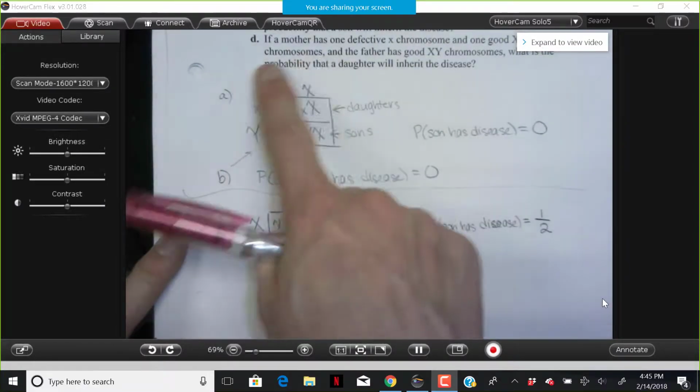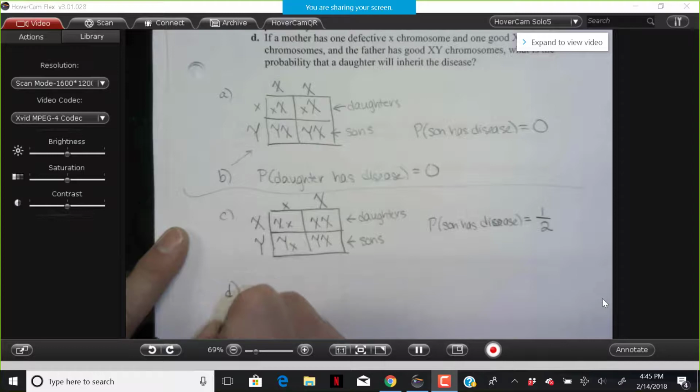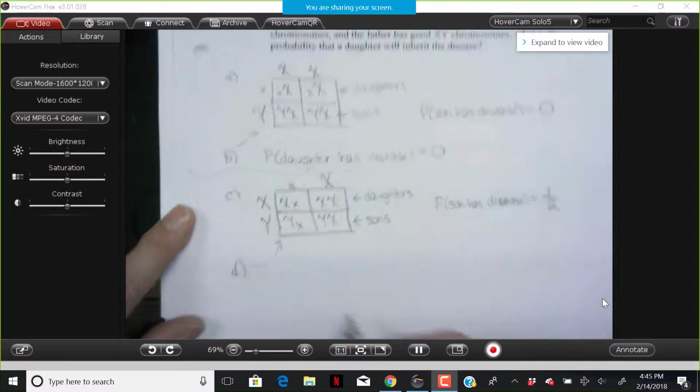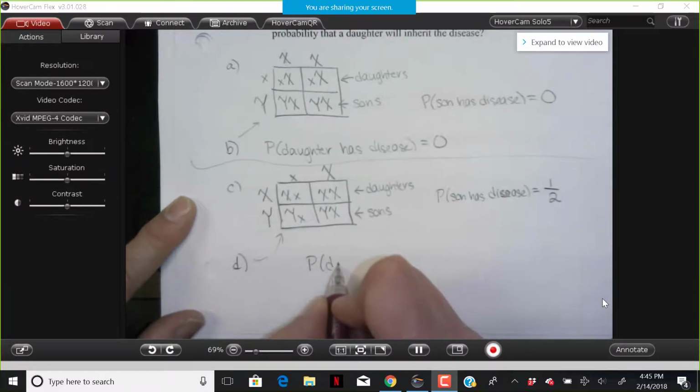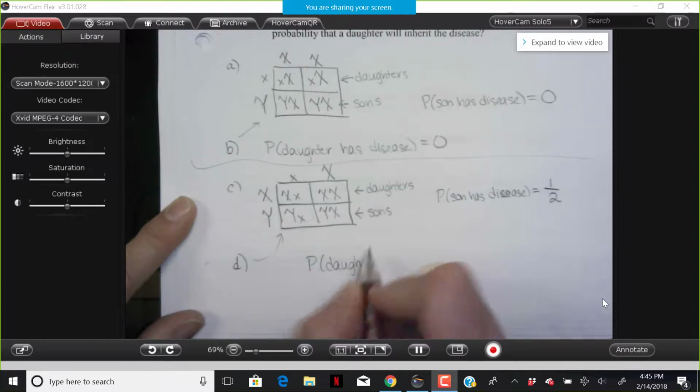And then part D, we'll use the same table. What's the probability that the daughter will inherit the disease? 0, right?